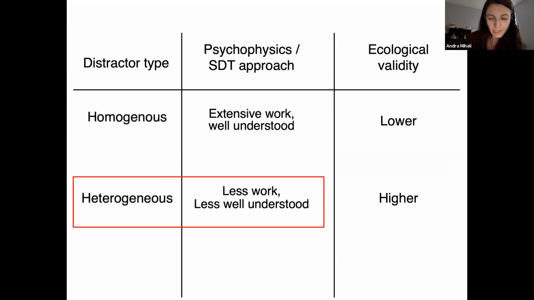So we extend this work and we make distractors heterogeneous. We still keep calculations tractable, and we fill in a little bit of a gap in the literature. There's less work on visual search with heterogeneous distractors within psychophysics as the approach, and this phenomenon is less well understood. And the ecological validity is higher, arguably not quite at the level of real world search, but definitely higher.